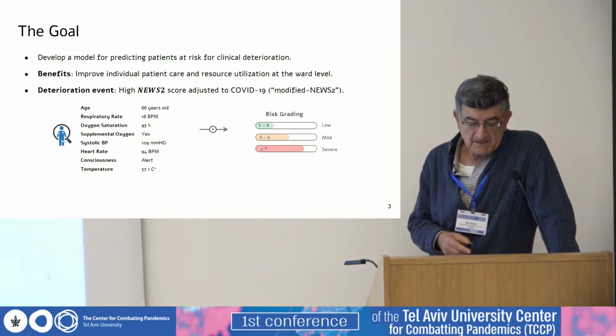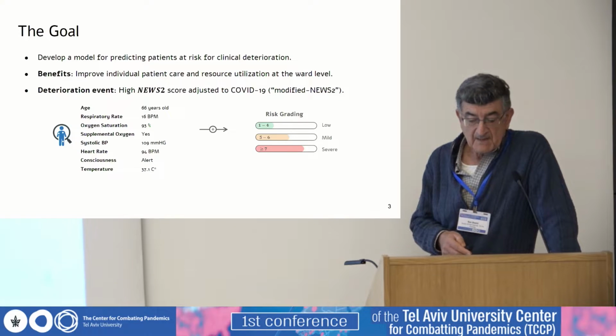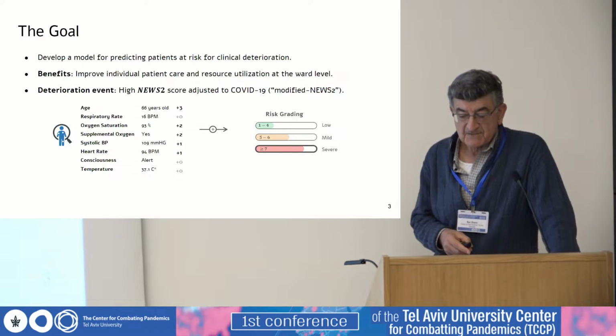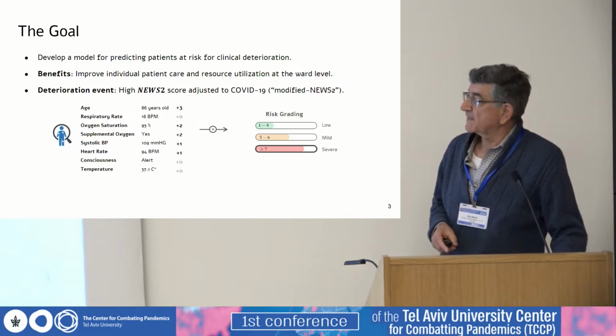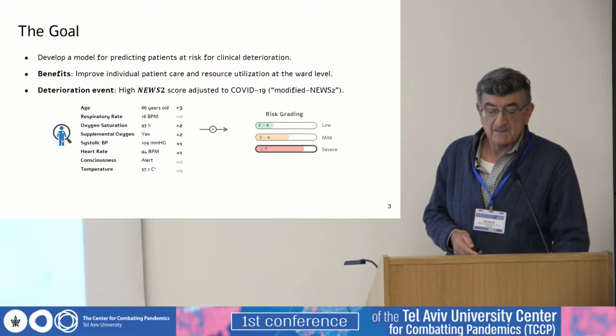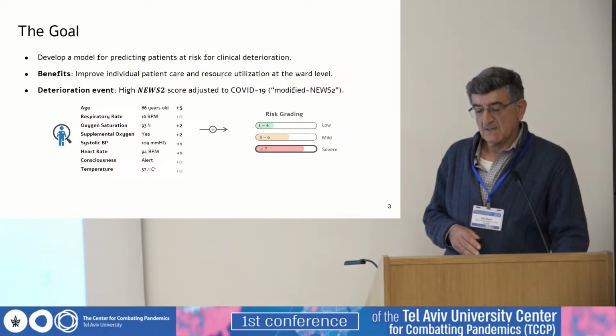Each of these 8 parameters gets its own score, and you simply sum it up and decide if the score is 7 or above, it is considered a severe case, and this is what we want to predict.